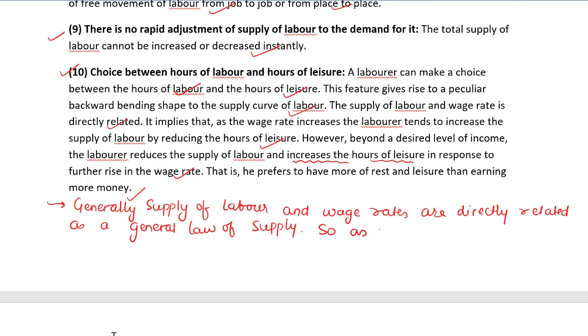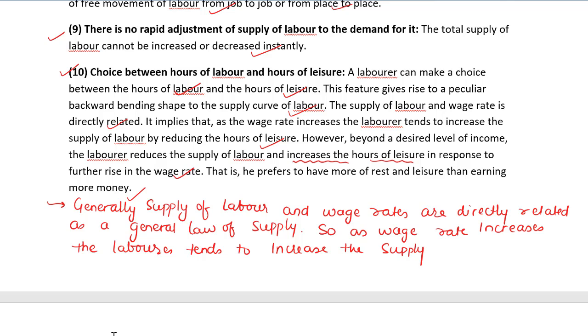So we can say that as the wage rate increases, the laborer tends to increase the supply of labor by reducing the hours of leisure.